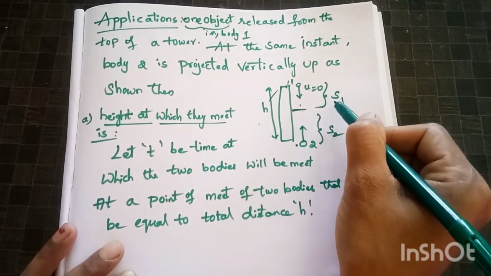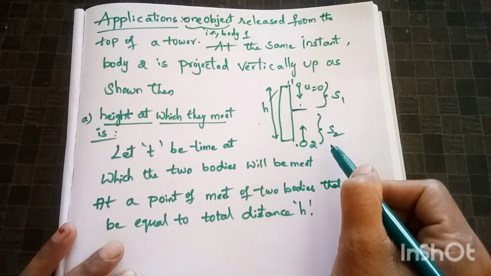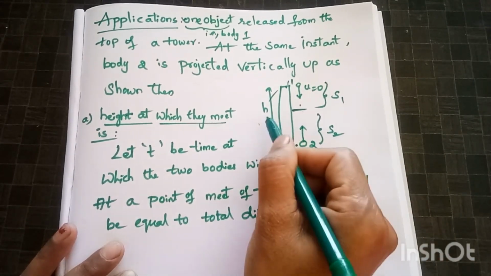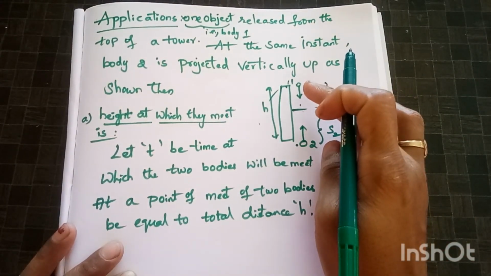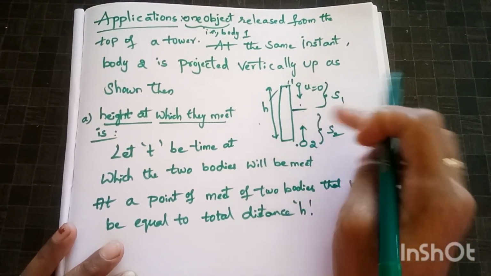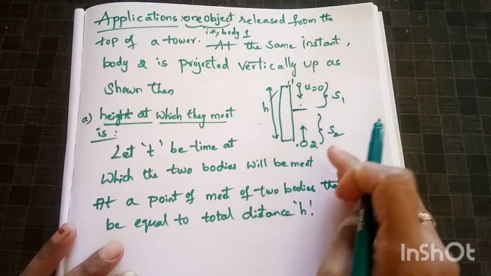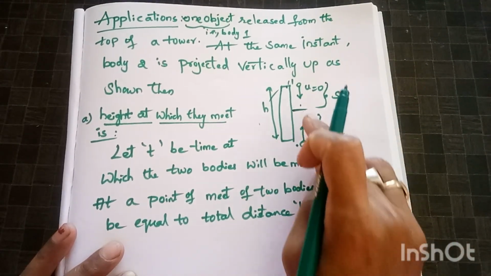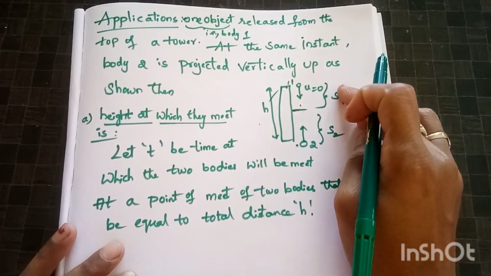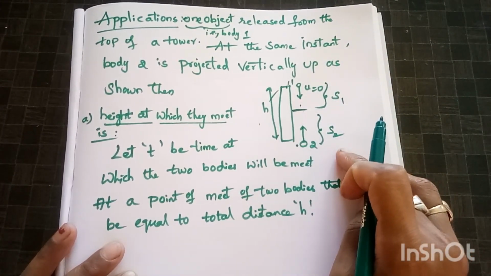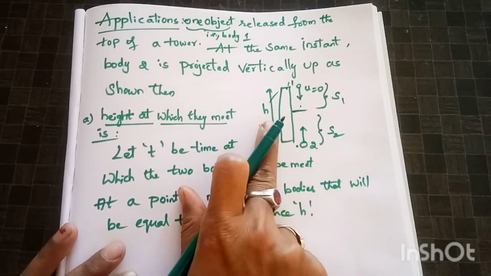These two distances will be equal to h, forming the total distance.